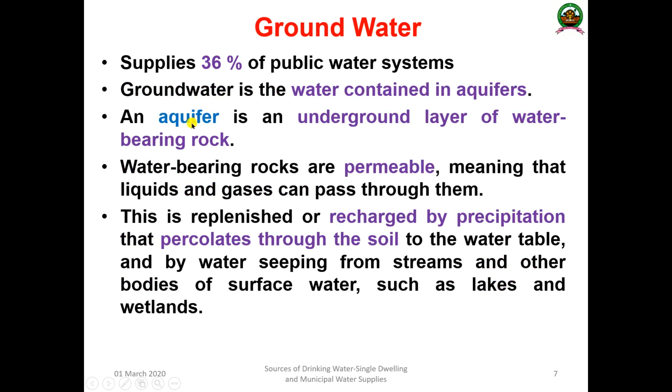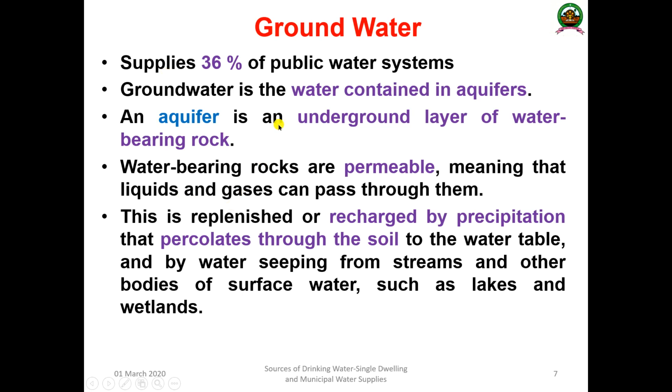And the groundwater supplies the remaining 36% of the water. The major type of groundwater source is the water that is contained in the form of an aquifer. So what do we mean by an aquifer?